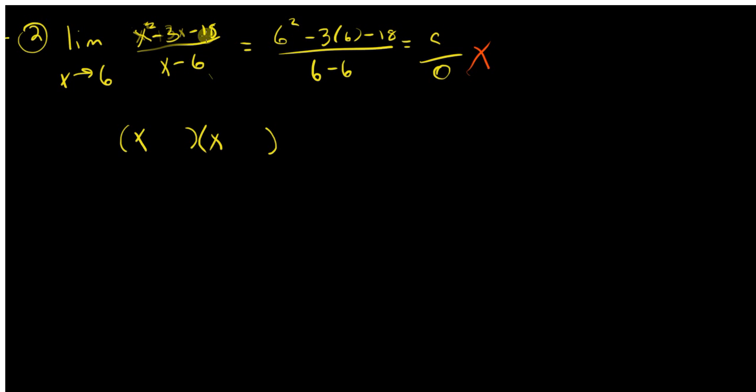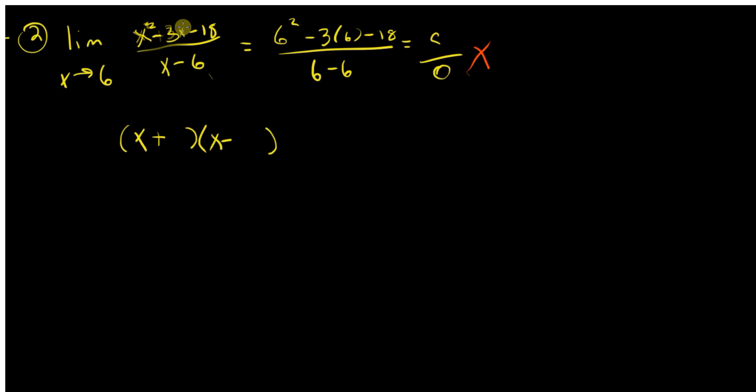There are going to be 2 factors that multiply to negative 18 and add to minus 3. Since they multiply to minus 18, we know we need a plus and a minus. There are a lot of options: 18 and 1, 6 and 3, 9 and 2.